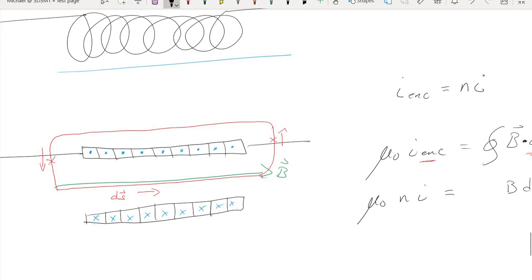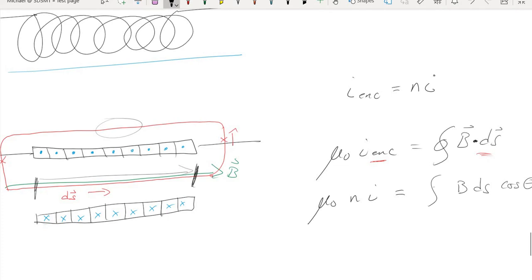And then outside of the solenoid, I don't care what the magnetic field is out there. The only place where I care is right through the length of the solenoid.